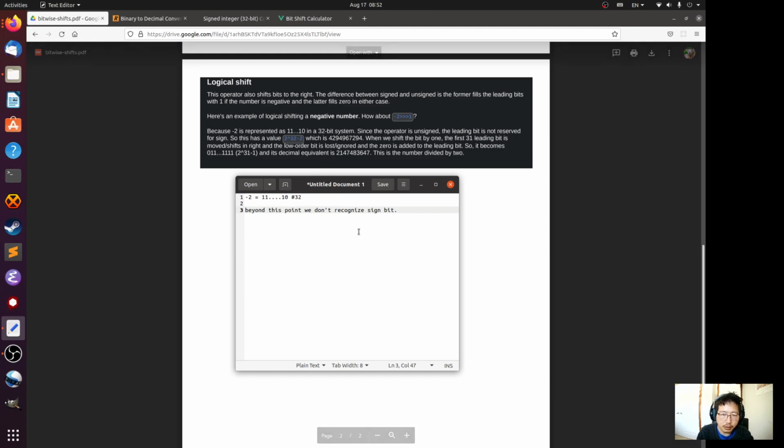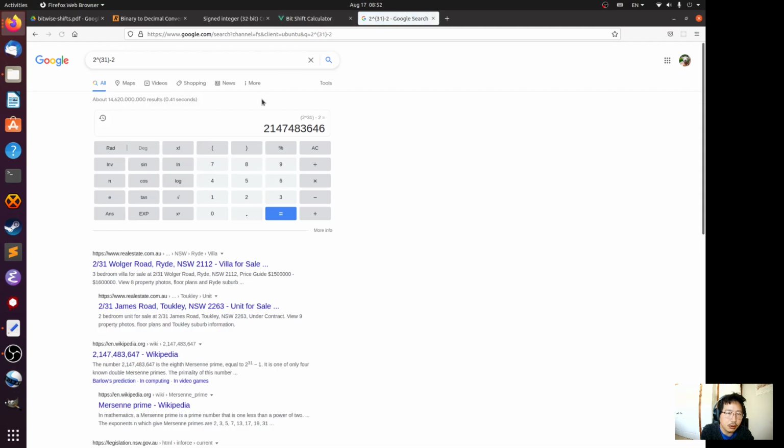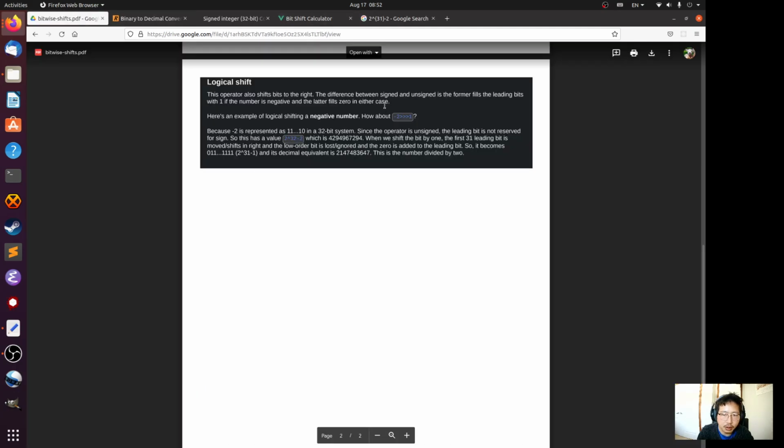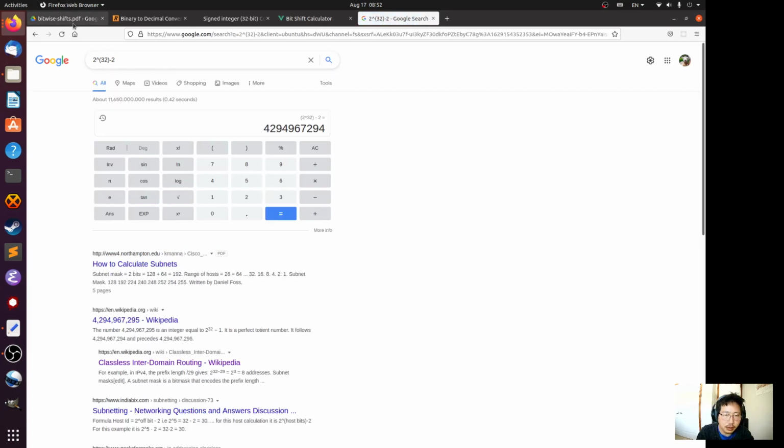So if we have this, it is equal to every bit filled by 1, minus 1, right? Because of the 0 over here. So that's equal to 2 to the power of 32 minus 2. And if you do that, you get this huge number.